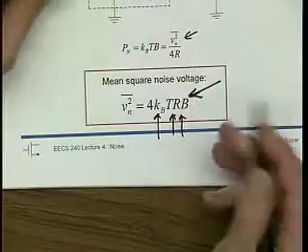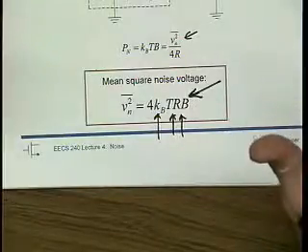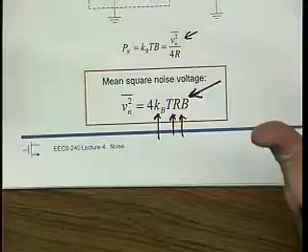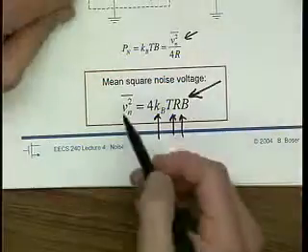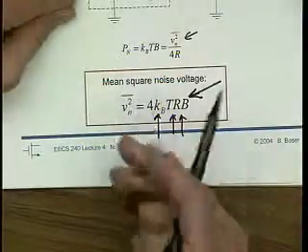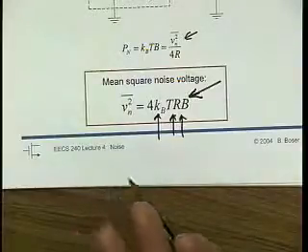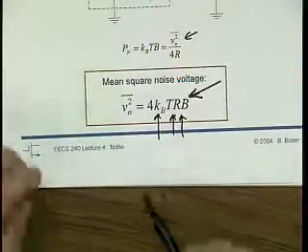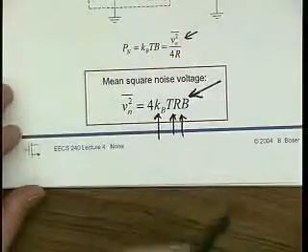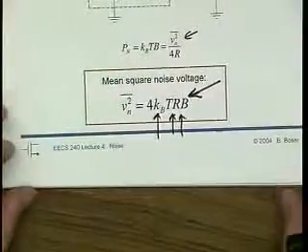Now again, because the noise is a random phenomenon, this is not really the noise voltage across the resistor, but it is the mean square value, or power, if you want, the expectation of the noise voltage across that resistor.